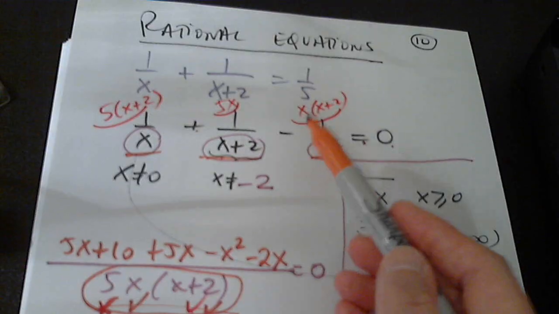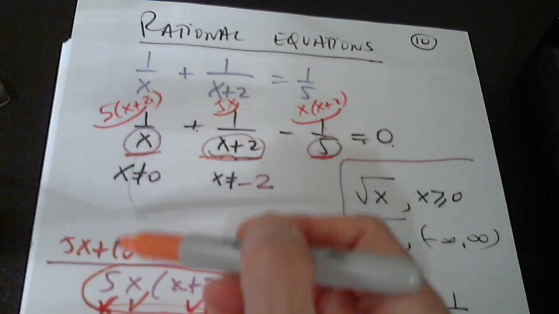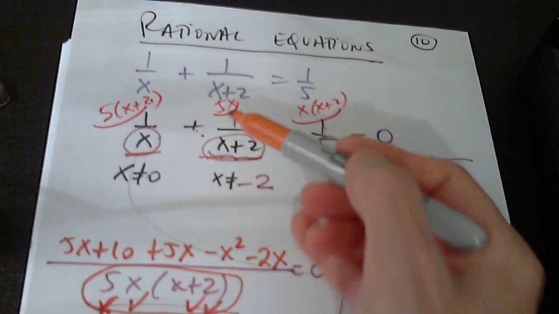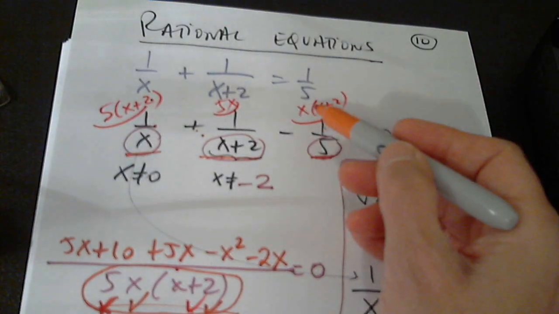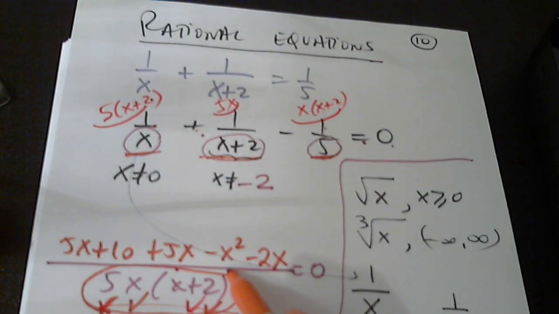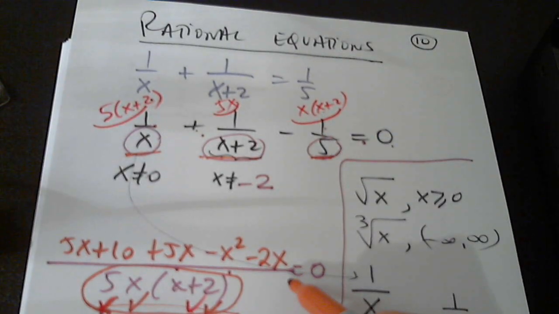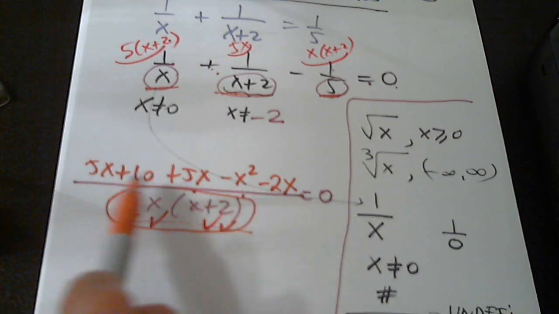What do I do next? I distribute 5x plus 10 multiplied by 1 plus 5x multiplied by 1. Now here I have to be careful. X times x with minus in front. X times 2 with minus in front. Okay, fine. Now I have to combine like terms at the top.